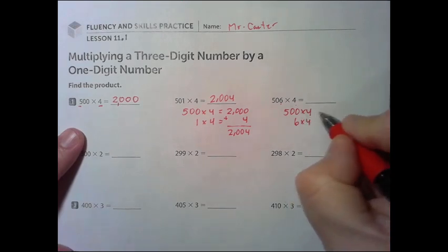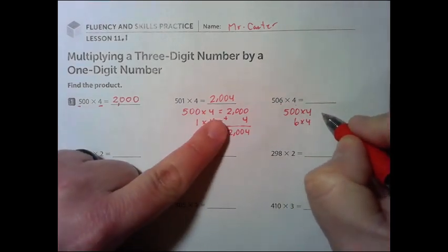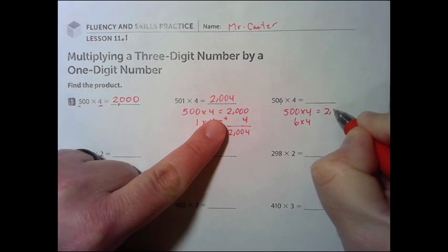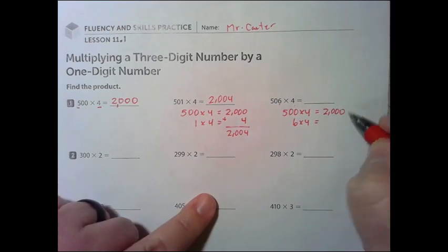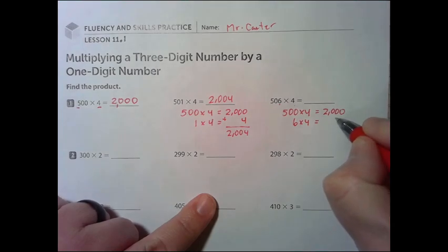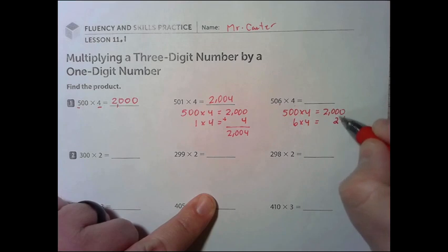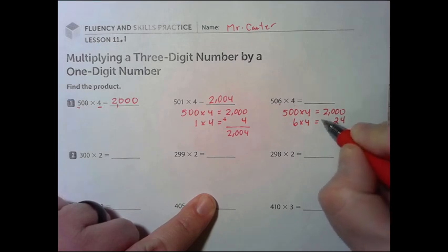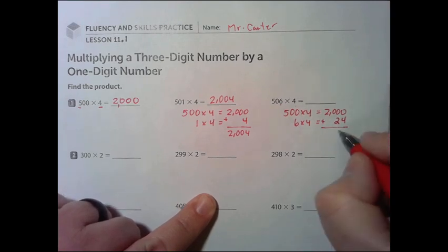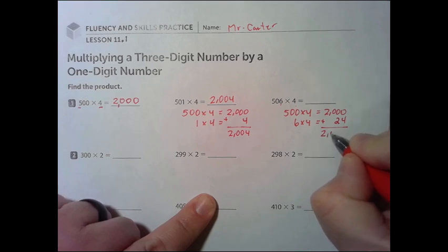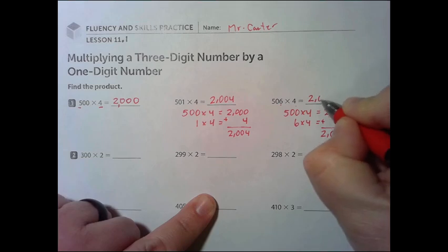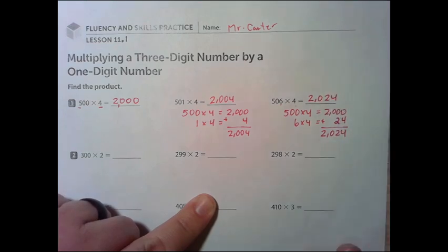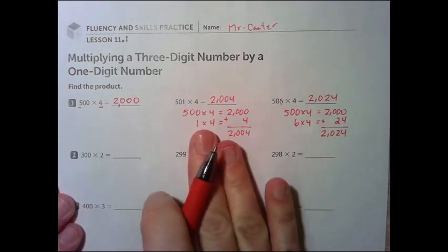Okay, so 500 times 4, as we did over here, is 2,000 again. 6 times 4 is 24, and again I'm going to be careful lining up my numbers. Make sure that the 2 goes in the tens place, the 4 goes in the ones place. Then we're going to add those up, and I get 2,024. So that's our answer here, 2,024.